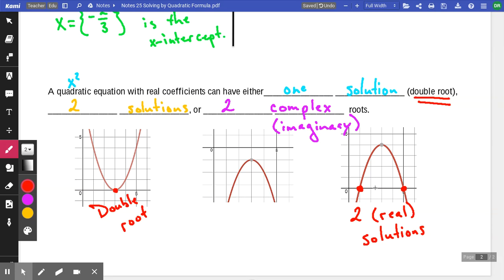So that would be a case of two real solutions because you see that we're crossing the x-axis twice. And then in the times where we don't cross the x-axis, but we know we're supposed to have two solutions still, that would be a time where we would say two complex solutions. Because there are no x-intercepts.